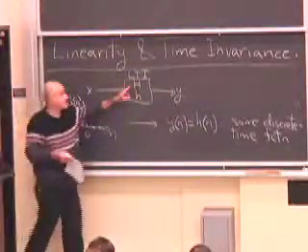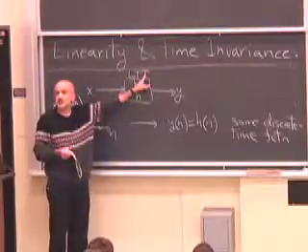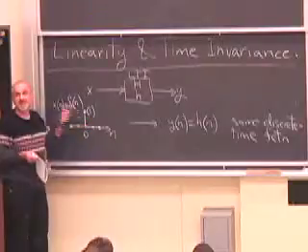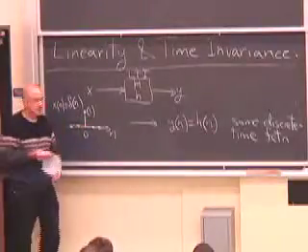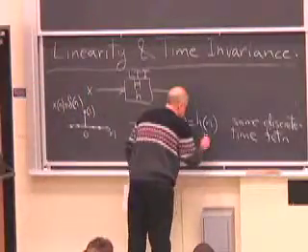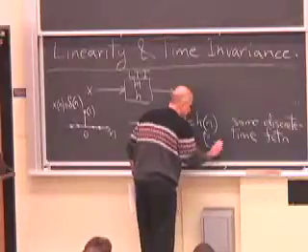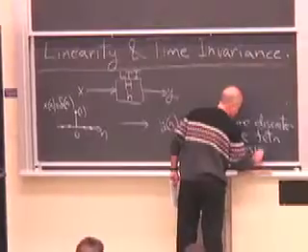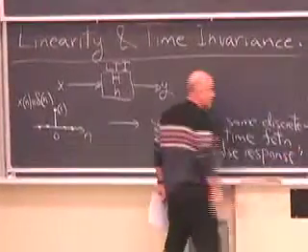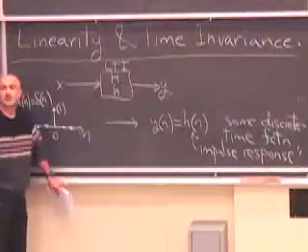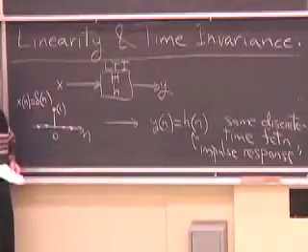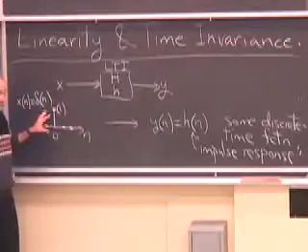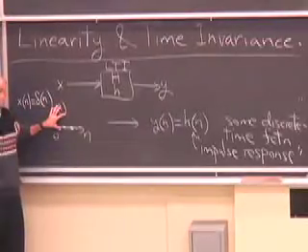For systems that are LTI, linear and time invariant, this output corresponding to this very special input has a special name. We call it the impulse response of the system. Now, any arbitrary system will have some kind of a response to an impulse input.